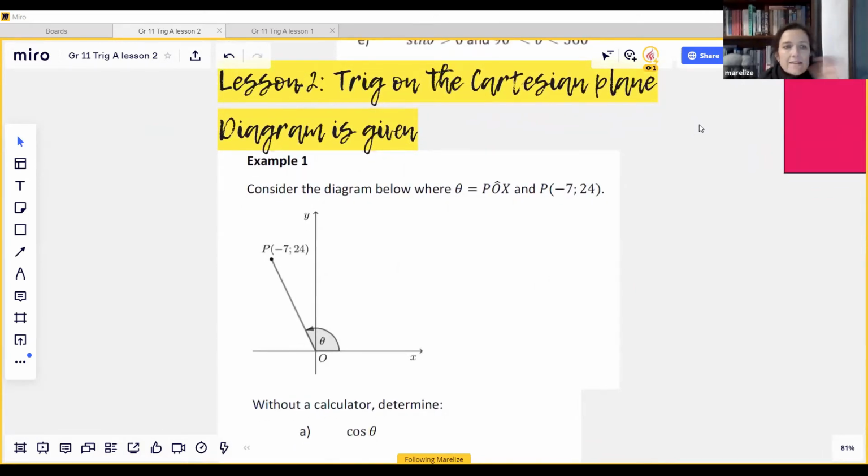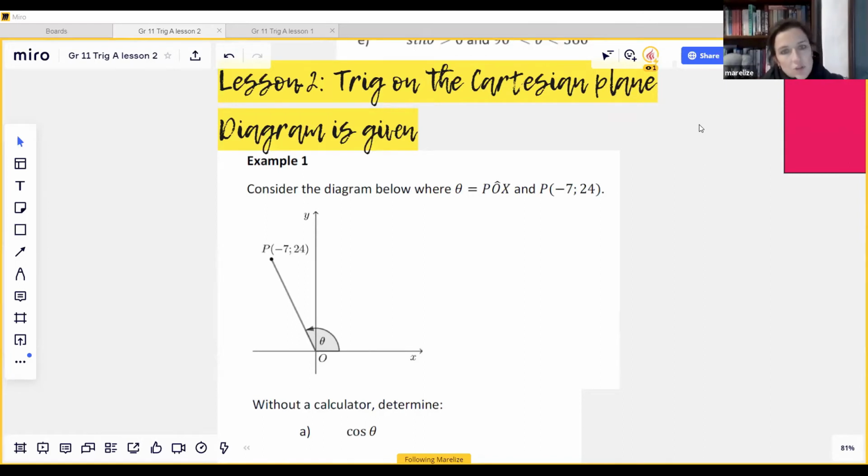And this question typically involves you having to use Pythagoras and you having to find trig ratios using a sketch. If you're going to write your grade 11 and grade 12 exams, this is normally the first trigonometry question that gets asked.